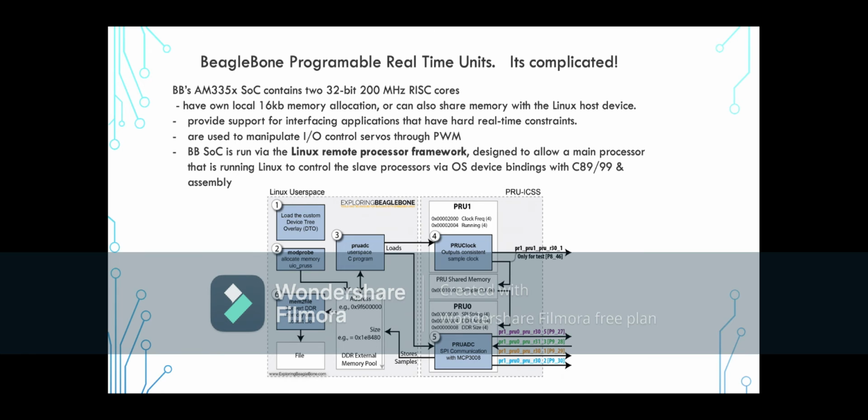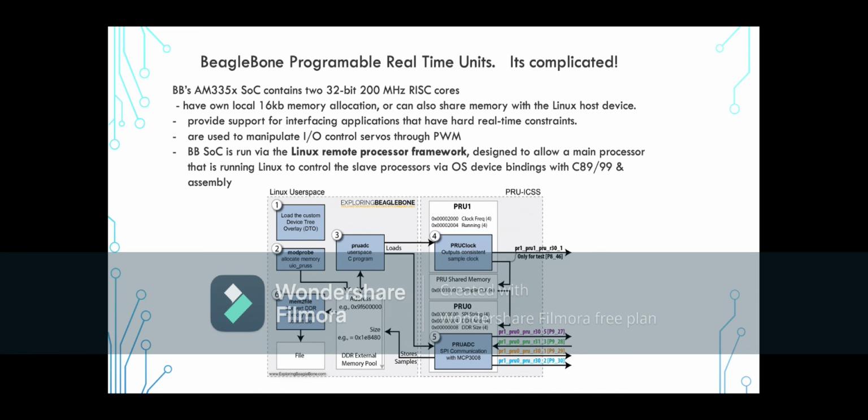So the BeagleBone and the programmable real-time unit. This was kind of difficult, actually. I didn't expect it to be this hard. So the BeagleBone AM65 SoC has two real-time 32-bit 200 megahertz RISC cores. They both have 8 kilobits of data memory and 8 kilobits of instruction memory.